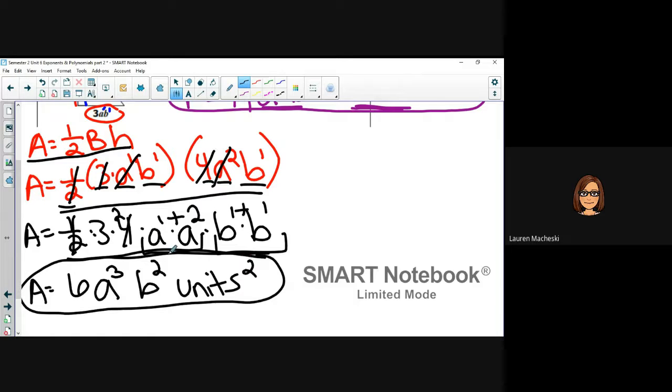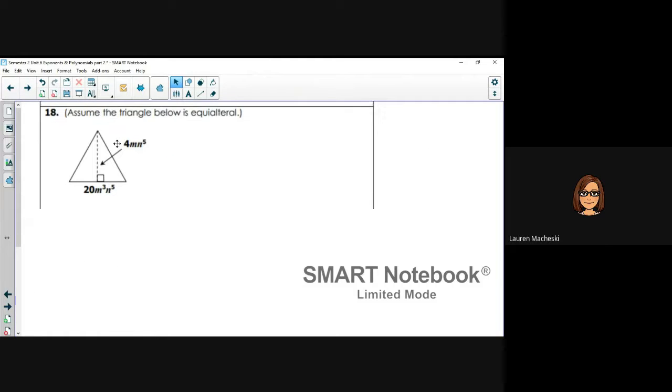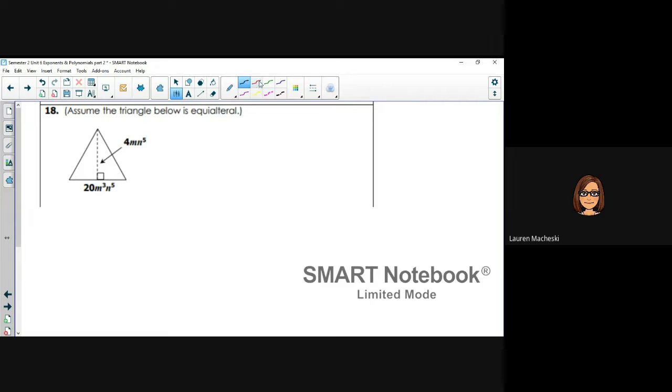All right, let's do 2 more like this. And then I'm going to have a couple for y'all to try on your own. We're not going to do number 18, but I do just want to talk about it really quick. It says, assume the triangle is equilateral. What does an equilateral triangle mean? Equilateral means equi. All sides are equal.